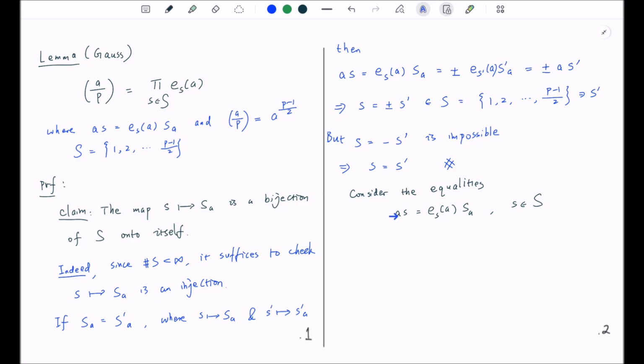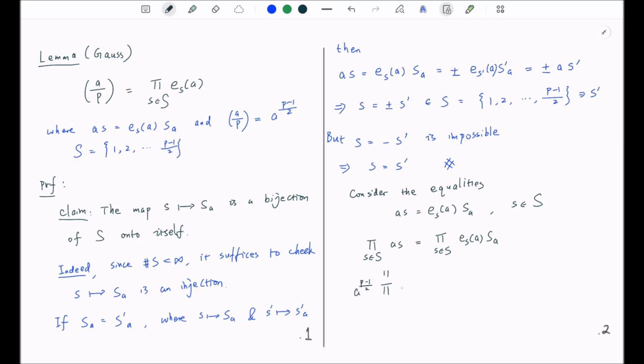And we multiply these equalities on both sides as s ranges over the whole S. On the left-hand side, because S has cardinality (p-1)/2, if we pull out the a's, we get a to the power (p-1)/2.